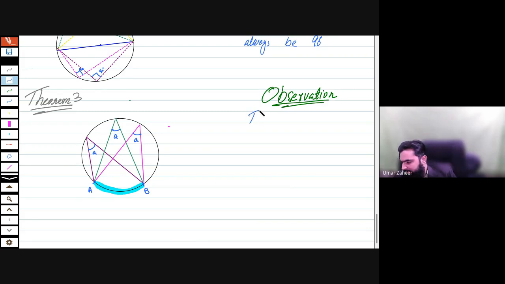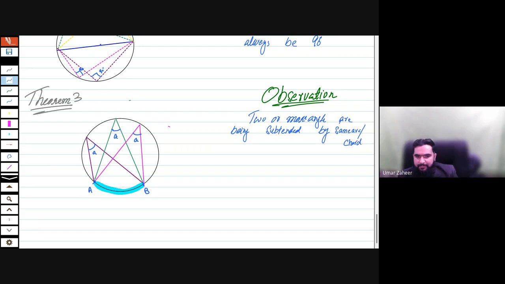So we have the observation. Two or more angles being subtended by the same arc or chord or segment on the circumference, then the conclusion is, what is the conclusion?